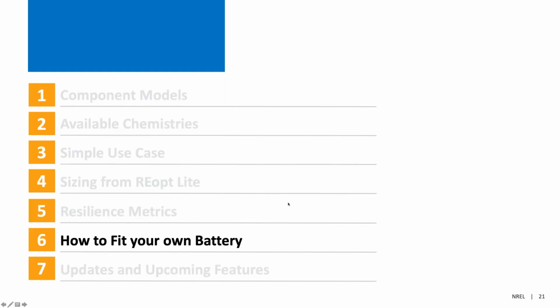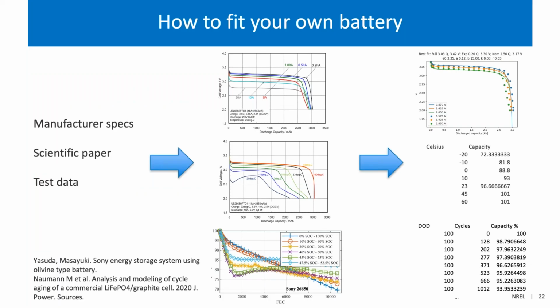So now we'll touch briefly on how a user can fit their own battery system from manufacturer data sheets, scientific literature, or collected data. This graph here shows how some of the plots that I've shown before were used to fit the voltage model and also to fit the thermal model.